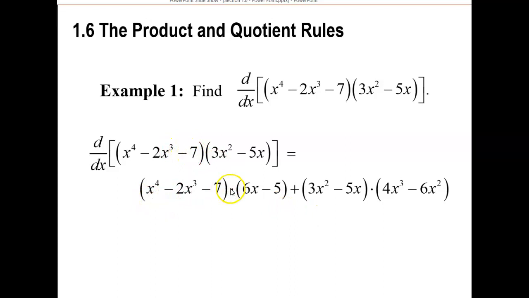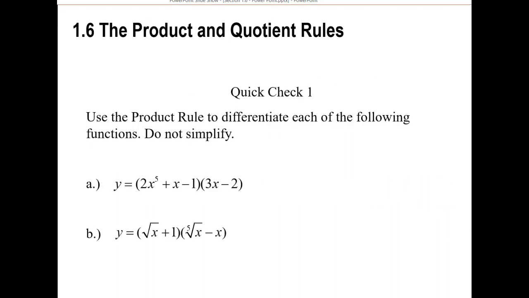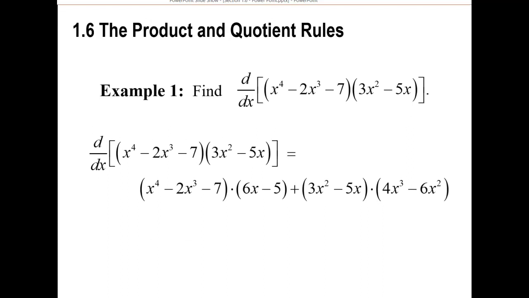So this is my first function times the derivative of the second plus the second function times the derivative of the first. So that's just applying the formula. Okay. We should simplify this. They did not simplify this example, but most of the time we would distribute and combine like terms. Okay, so we'll see that done a little bit later on.